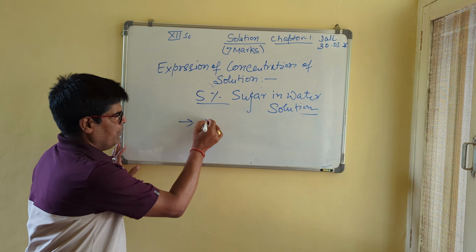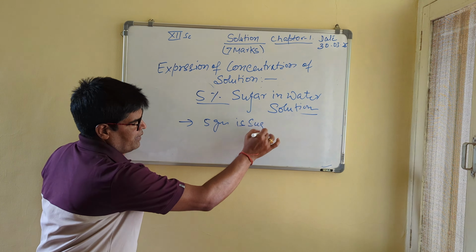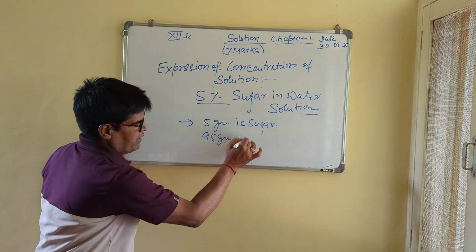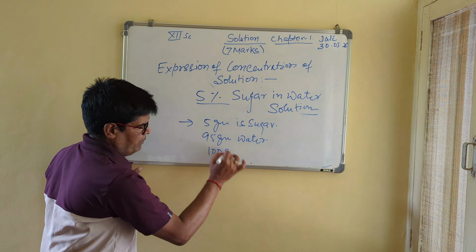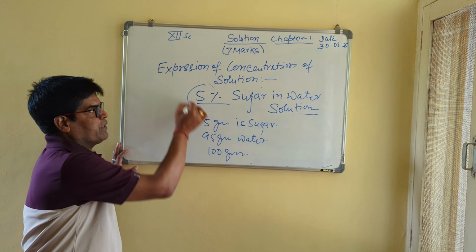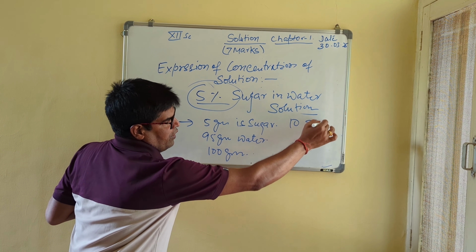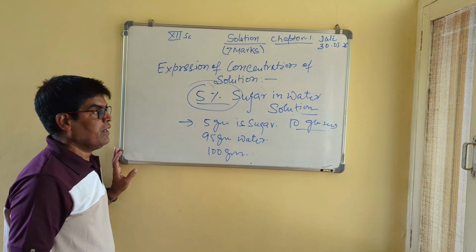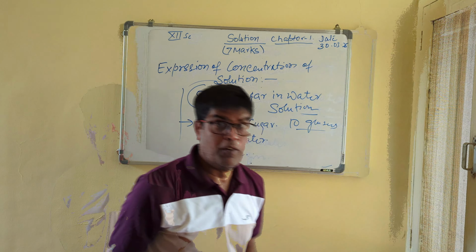Again we see 5 gram is sugar and 95 gram water is present. The total weight of solution is 100 gram. So I think it is very clear to you. If a 5% sugar solution or 10% glucose solution comes, in all such questions the same is asked: what is the amount of solid and the amount of solvent? Okay. Now we'll see volume by volume solution next day.